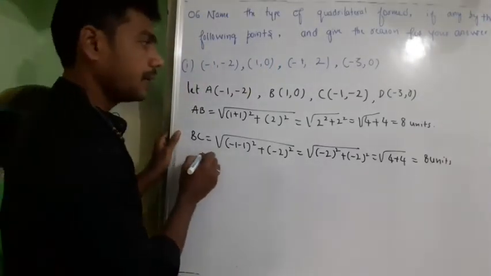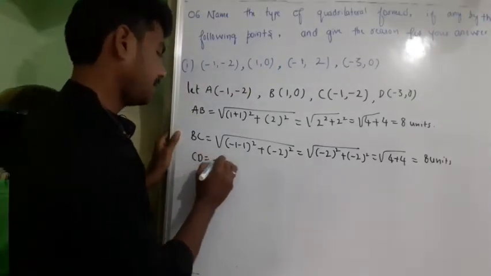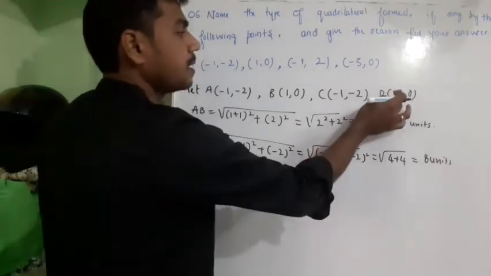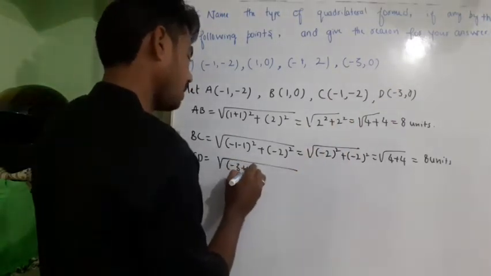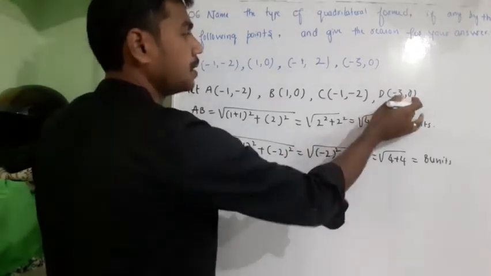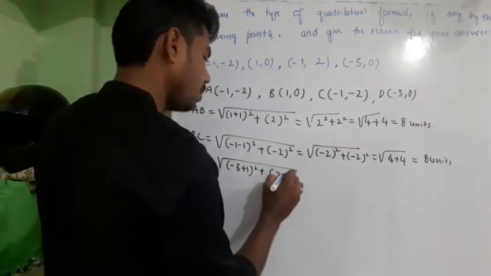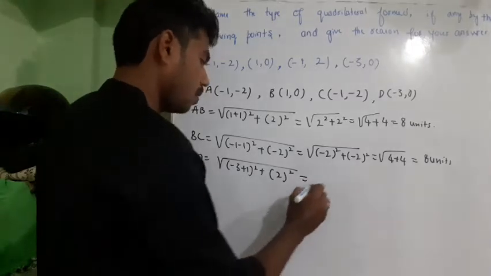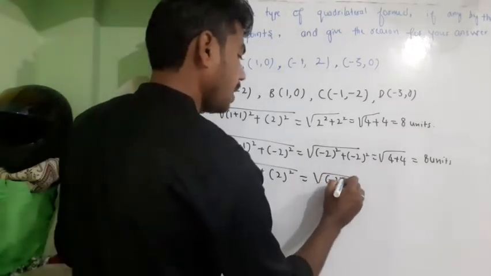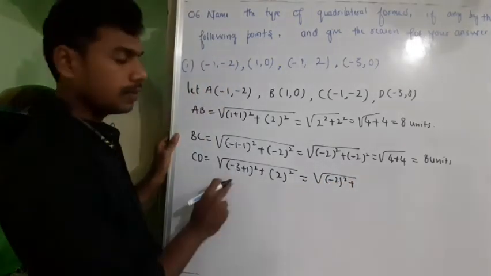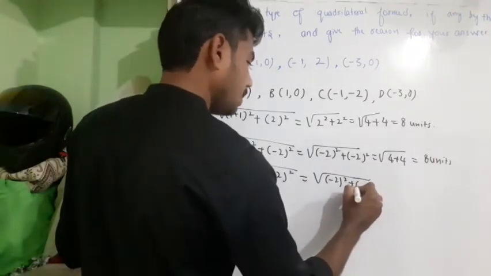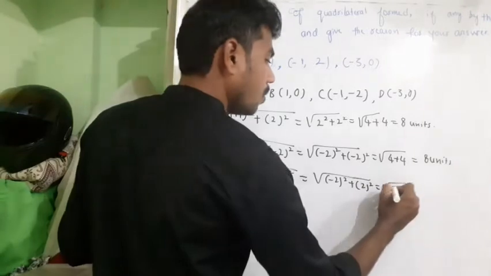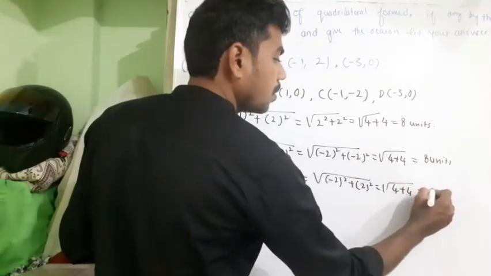No. Next, CD: (minus 3 minus of minus 1, that is minus 3 plus 1) whole square, plus (0 minus 2) whole square, which is minus 2 square plus minus 2 square, which is equal to 4 plus 4, which is root 8 units.